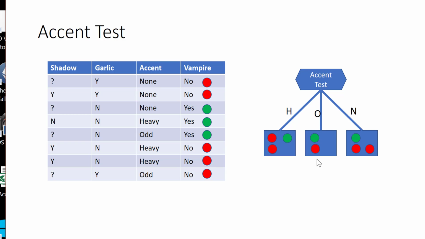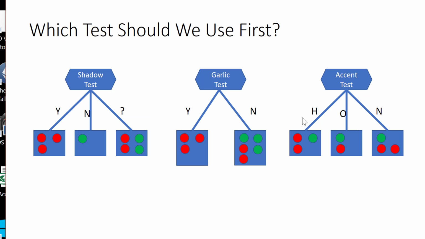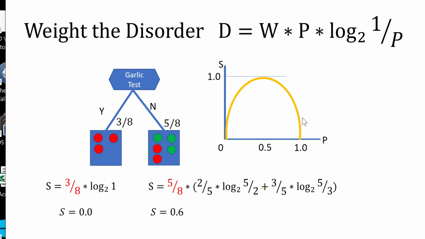Now the accent test, same thing. We have 3 possibilities: a heavy accent, odd accent, no accent, and it gives this result. So the question is, which of these tests should we apply first and which should we apply second? It'd be nice if we had some metric to tell us what test to apply. So here's the test, the samples, and now there is a metric.